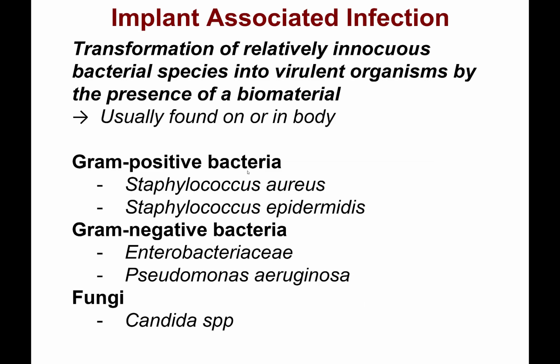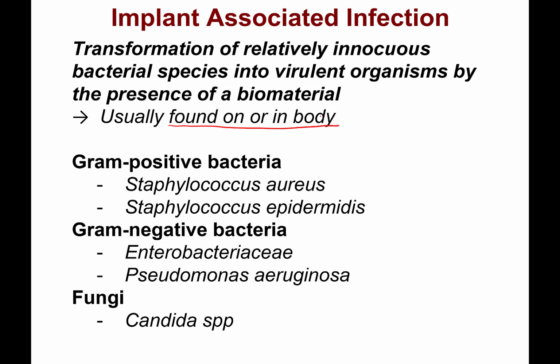The reason that it happens is because there is transformation of bacteria that are usually found on or in the body. In a surgical procedure, of course, the physician is going to sterilize the area before making any sort of incision. But we can't completely eliminate all of the microorganisms from the human body.